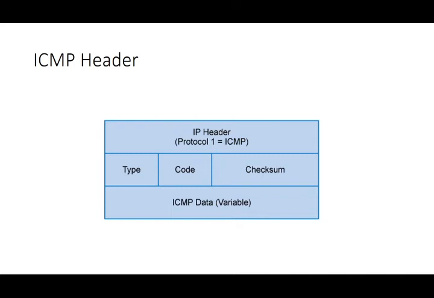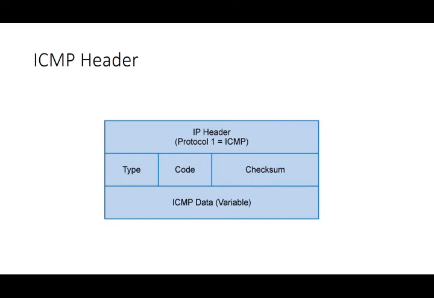Now there are occasions when we get a message back indicating that the destination is unreachable. Again, this is a value provided by the type and code, and that type is type number 3, and the code will vary. A code of 0 would indicate the network is unreachable.